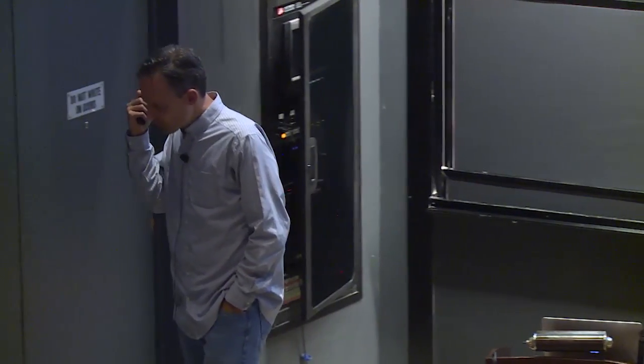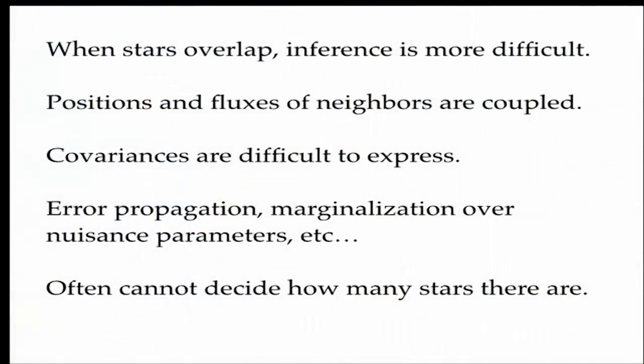So when stars overlap, obviously things are more difficult. One thing is the positions and fluxes of neighbors are coupled, right? So there's this covariance between the flux and x and y of star 1 and the position and flux of its neighbor. And in normal catalogs, you have, here's my object and its position and the uncertainties and the flux and the uncertainties, nothing about the neighbors.